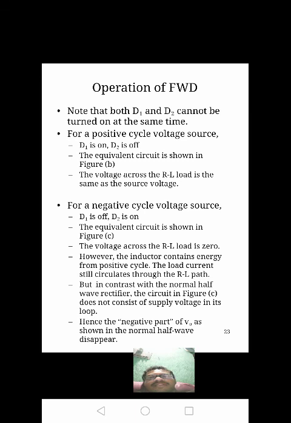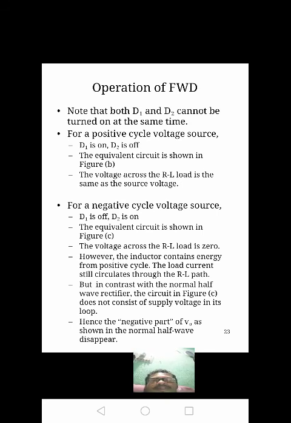The voltage across the RL load is the same as the source voltage during the positive half cycle. For a negative cycle of the voltage source, D1 is off, D2 is on, that is, the freewheeling diode is on. Here we are observing the equivalent circuit of figure 2.